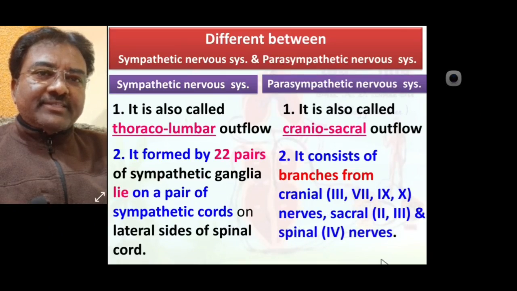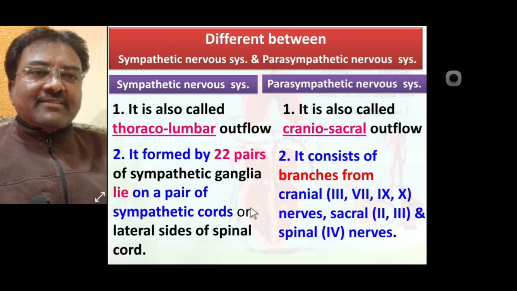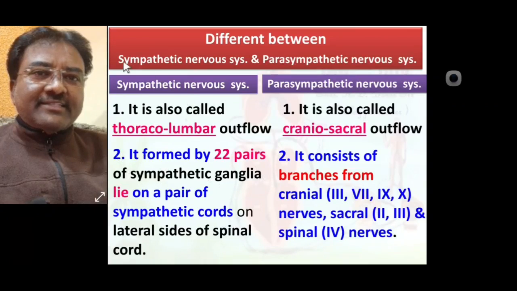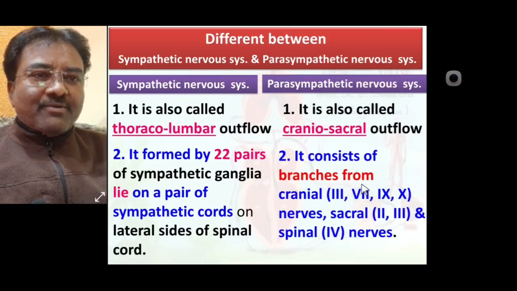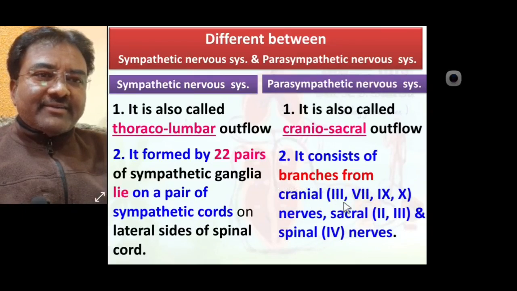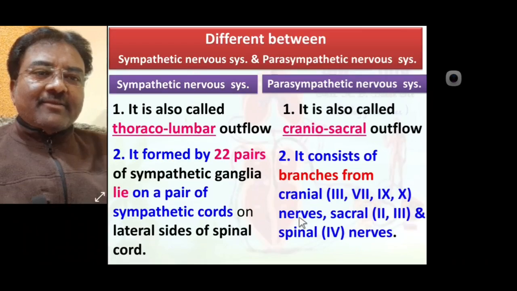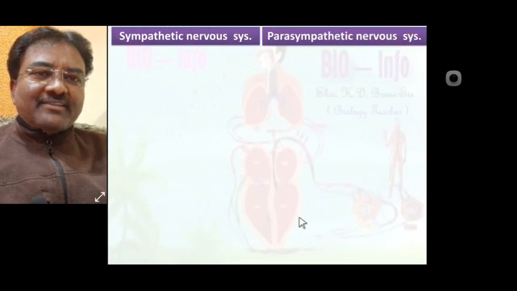This is the most important point of differentiation. There are 12 pairs of sympathetic ganglia in the sympathetic nervous system lying on the sympathetic cords on the lateral side of the spinal cord, while the parasympathetic nervous system consists of branches from the cranial 3rd, 7th, 9th and 10th nerves, the sacral 2nd and 3rd, and the spinal 4th nerves. Now we learn the third point.